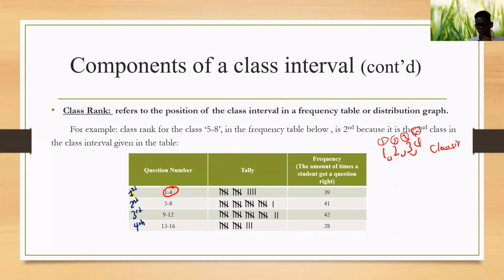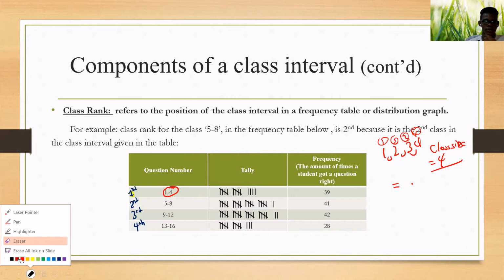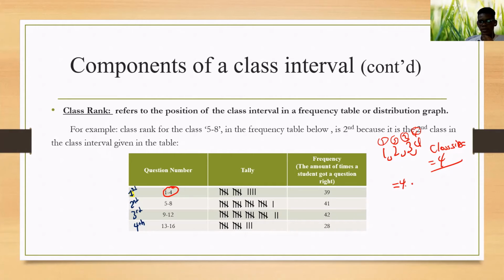Now, I'm going to show you the other way of calculating class size that we just showed you. The upper boundary, which for 1 to 4 would be 4.5, minus the lower boundary, which would give us 4. Same thing. That is one way of doing it, and the second way of doing it.